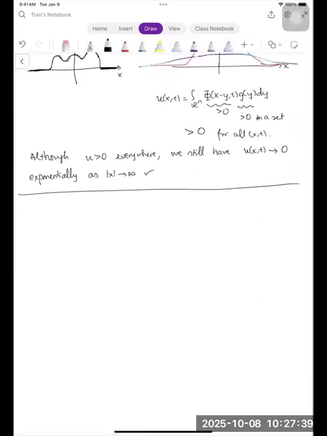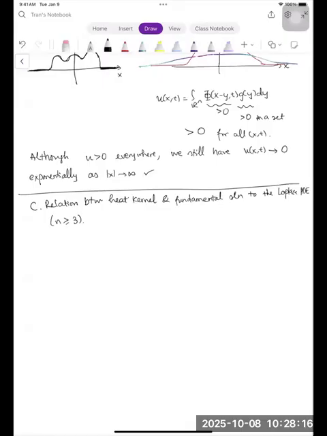Let me state a relation between the heat kernel and the fundamental solution to the Laplace PDE. And this I can only do in dimension n greater than or equal to 3.